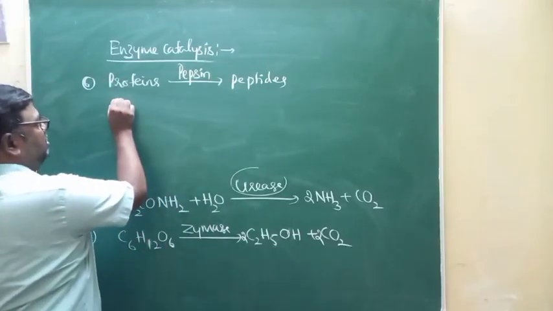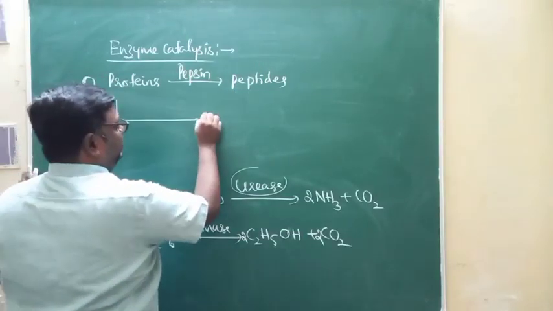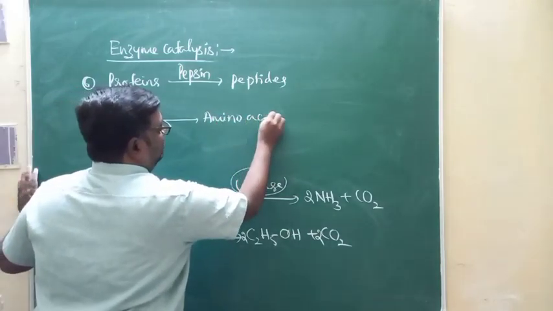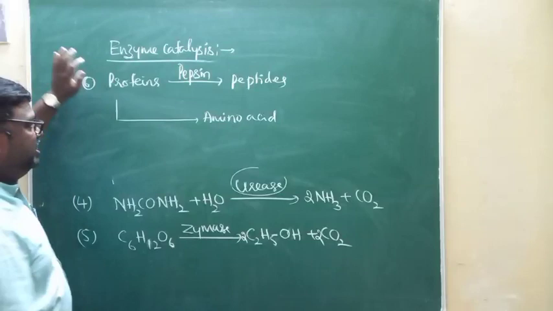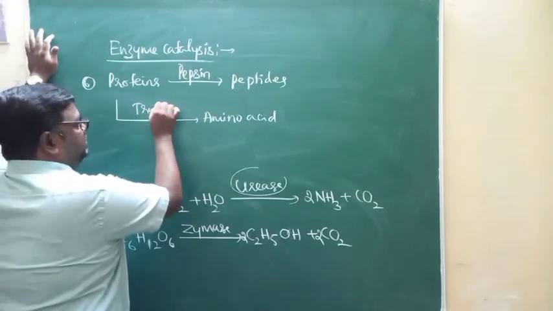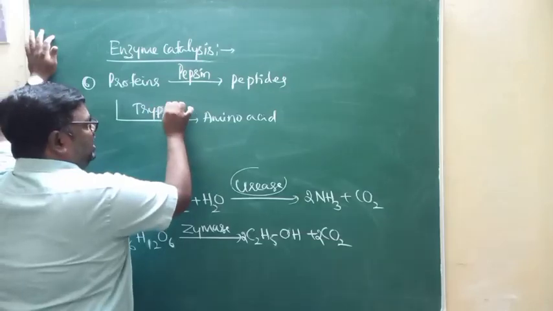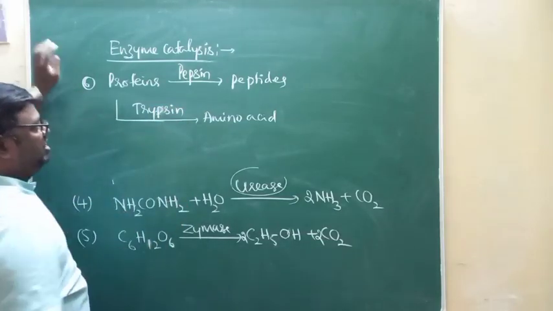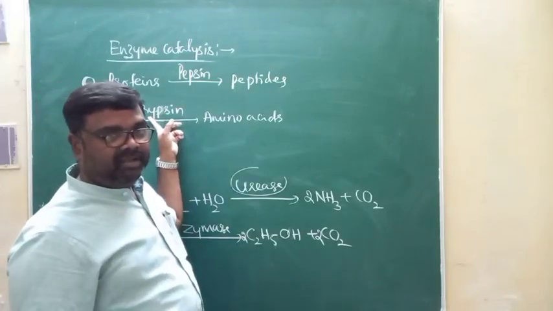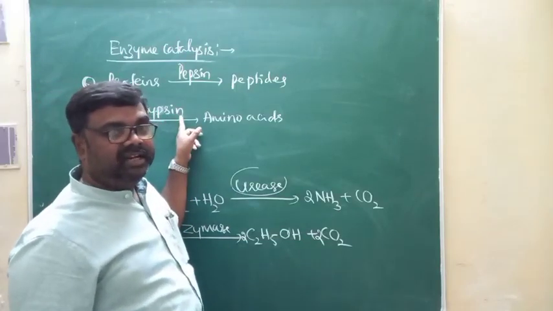At the same time, proteins can be converted into amino acids by hydrolysis in the presence of pancreatic trypsin. Trypsin is one more enzyme that brings about hydrolysis of proteins into amino acids. This trypsin is present in the intestine.